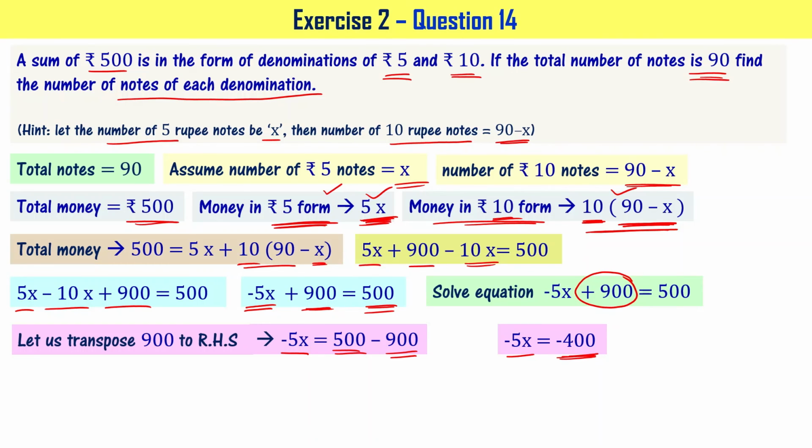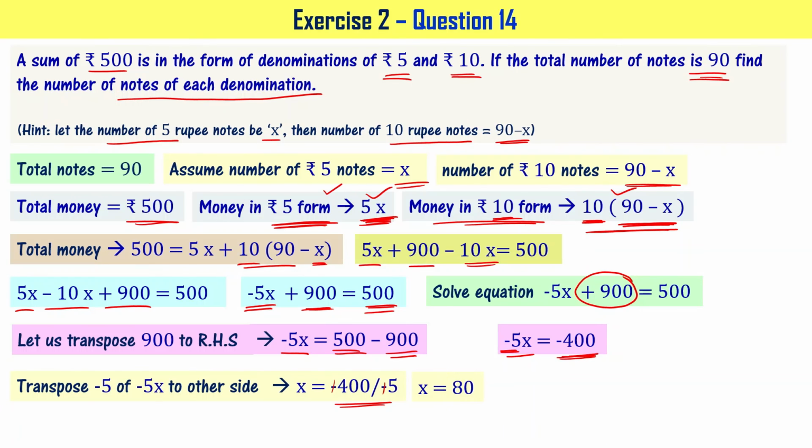Now this is another linear equation we have now. You can take minus 5 to the other side. When you do that, it is going to divide minus 400, right? So let me write it as x equal to minus 400 divided by minus 5. Here I have minus and here I have minus. I can cancel these two so that I can write x equal to 400 by 5, that is equal to 80, right?